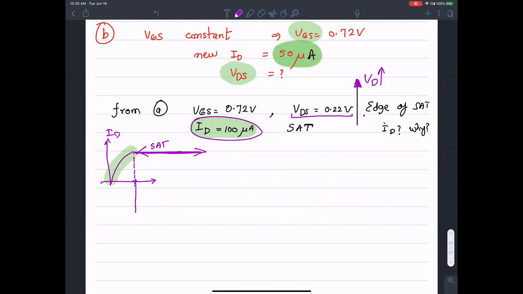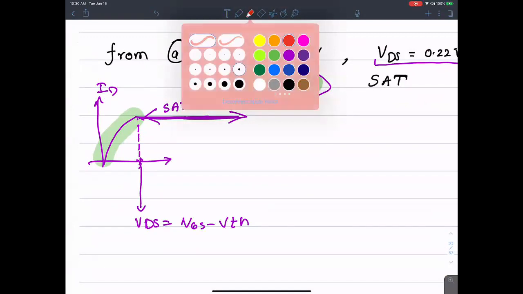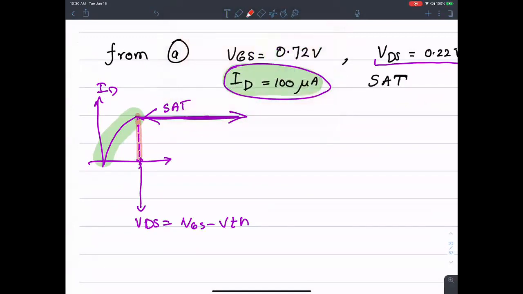We were on the edge of saturation here, where VDS is exactly equal to VGS minus VTH. We are currently poised right here.